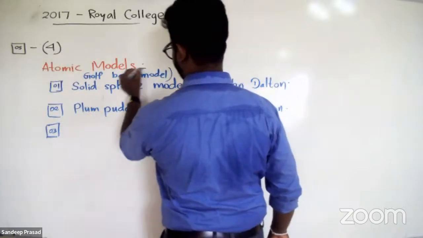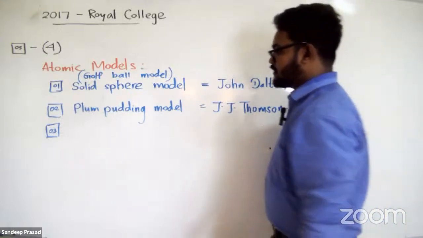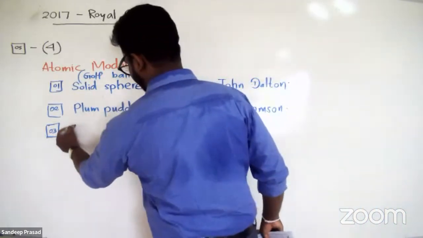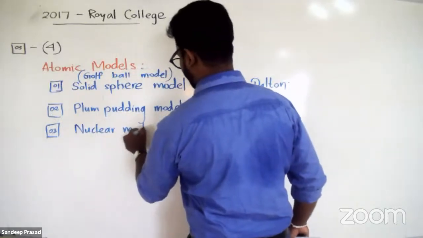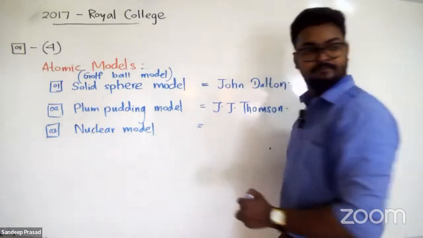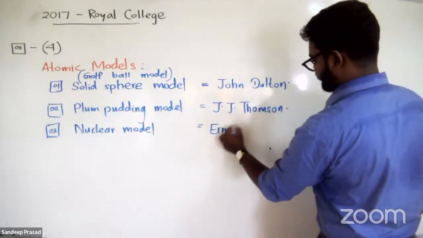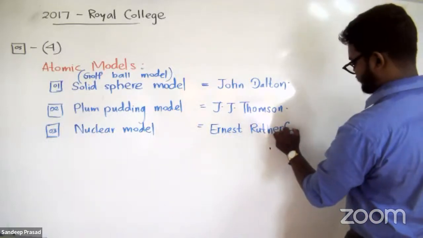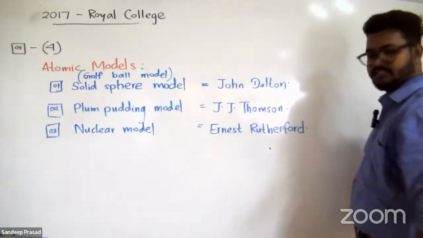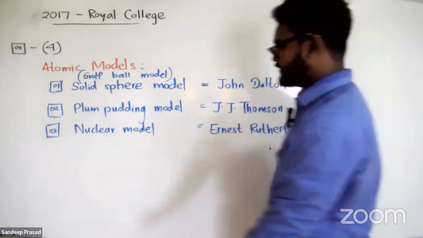That is also possible. Right? So the third one is the nuclear model. The nuclear model was introduced by Ernest Rutherford and his students. Who are the students? Hans Geiger and Ernest Marsden. Can you remember? We learned these things.